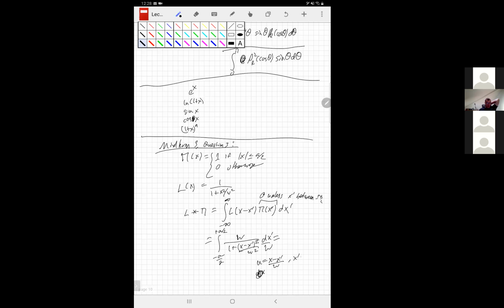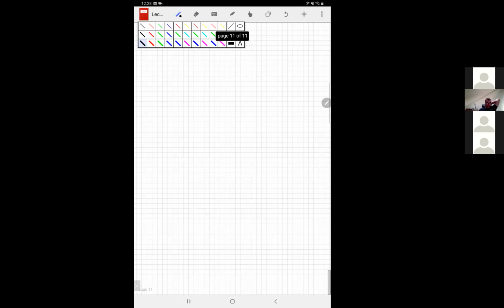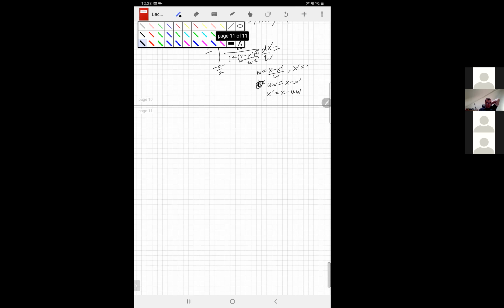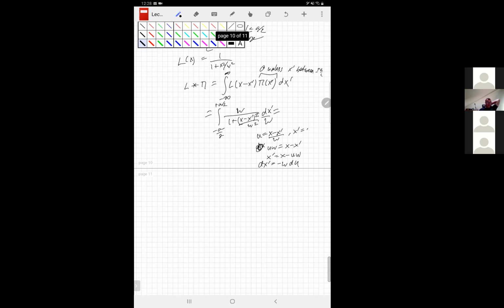So x prime is equal to, let's see here, uw is equal to x minus x prime. So x prime is x minus uw. So dx prime is minus w du.